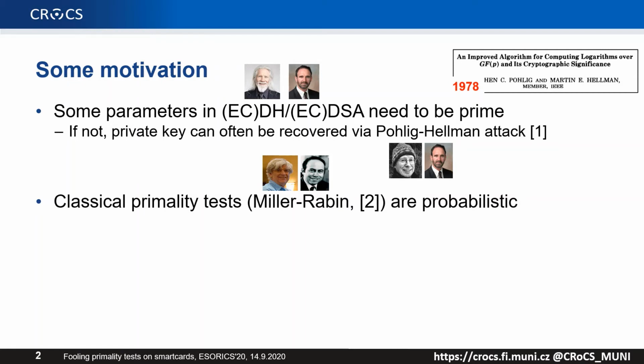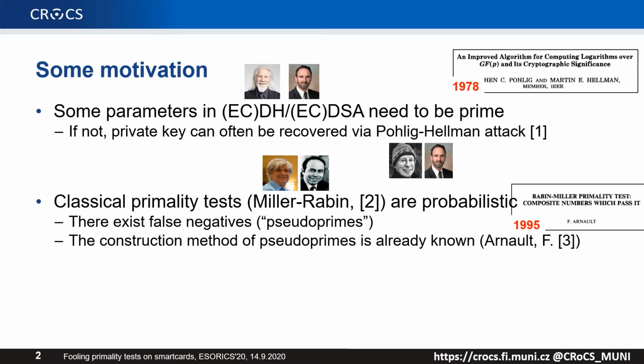And it's probabilistic, which means it can't prove that the number is prime. There is always a tiny chance that the number is composite, despite the fact that this algorithm accepted it as a probable prime. And these false positives are called pseudoprimes.